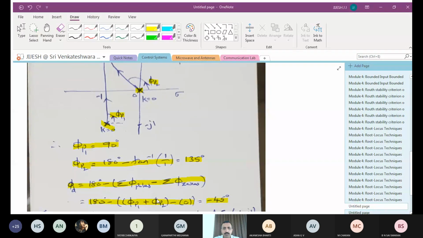So you solve it, you will get it as minus 45 degree. Have you got minus 45 degree? So this angle minus 45 degree is called the angle of departure. This angle of departure we will do when you have complex terms.